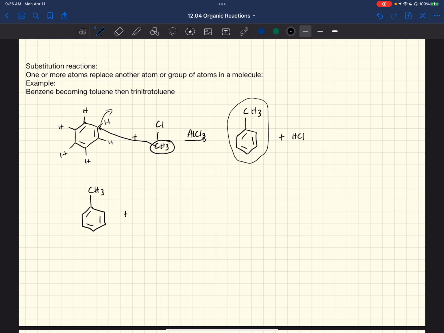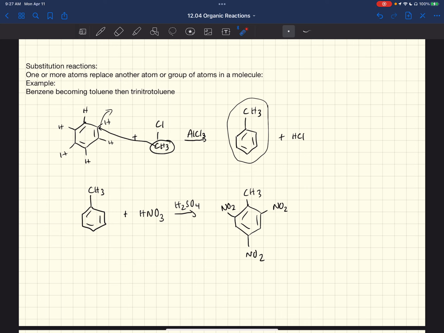and we can react it with nitric acid in the presence of sulfuric acid. Again, you don't have to remember any of this, but what you get is that benzene ring with a CH3, and then we replace a bunch of the hydrogens with these NO2 groups. So more substitutions. Okay, we've substituted an NO2 for a hydrogen.